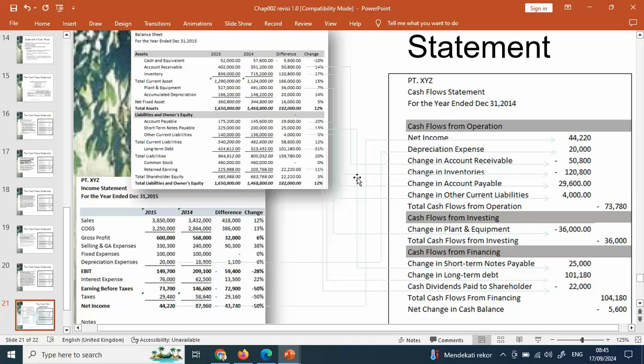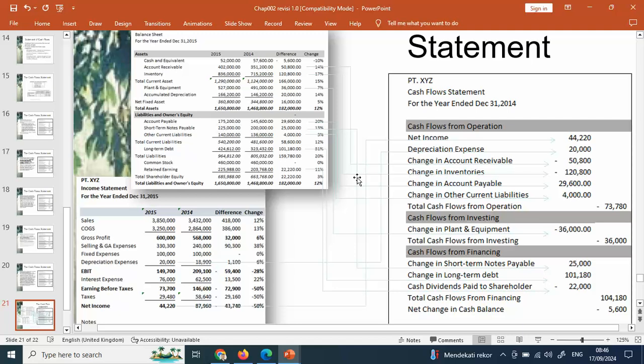That's receivable, so we send products to the customer, so money out. Increase? Inflow or outflow? Outflow. Negative.